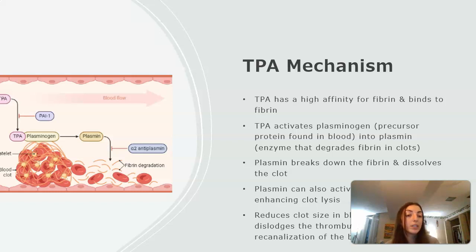So the plasmin breaks down the fibrin, which is what dissolves the blood clots, which then unblocks the blood vessels and dislodges the clot. And plasmin can also activate other proteases, which enhances clot lysis. And this diagram over here is just showing what I just explained with the plasmin and dissolving the blood clot.